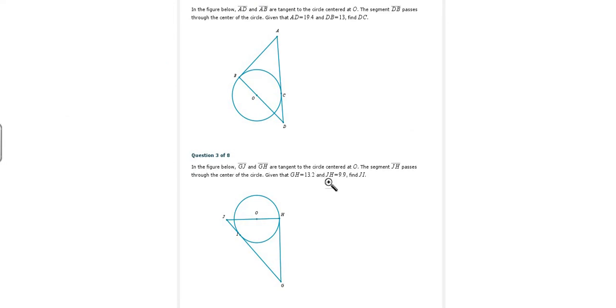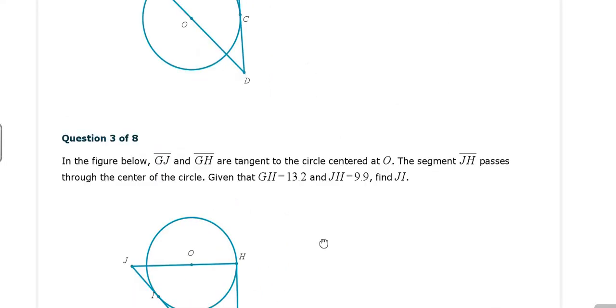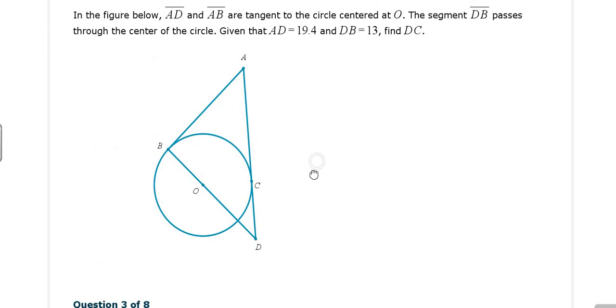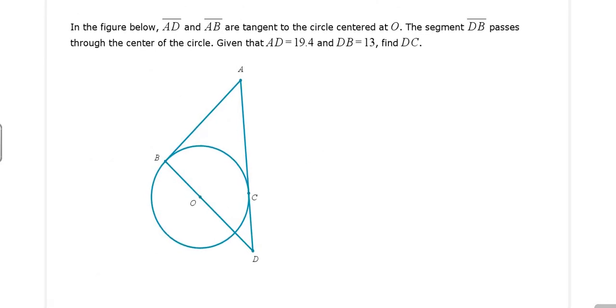Number 2 says AD and AB are tangent to the circle, which means we have a pair of tan-tans right here. That's tangent, and that's tangent, which means it's congruent. BD passes through the center of the circle, so that is the center, and that is a radius.